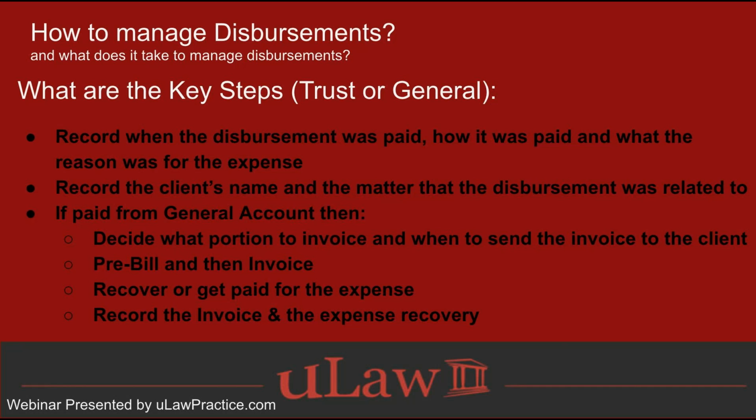But when you're using general account, you could decide what portion you're going to invoice your client because you have two portions, something called the top portion and the bottom portion. So you could decide whether, okay, I'm going to charge my client for photocopies. So what is it that you're going to charge your client? Is it the actual amount you incurred?